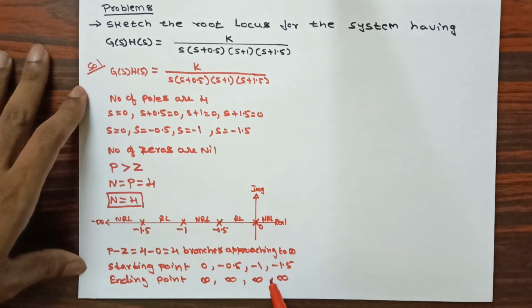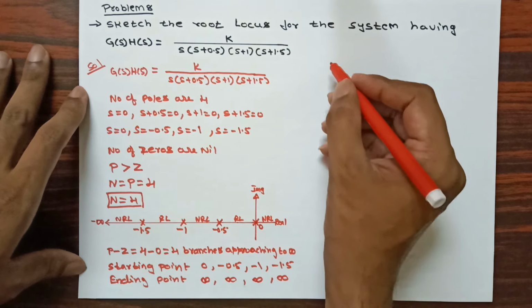So we know now the starting points and ending points, and in this you can see 4 branches are approaching infinity. I need to calculate now the 4 angles of asymptotes. Next I am going to calculate the angle of asymptotes.